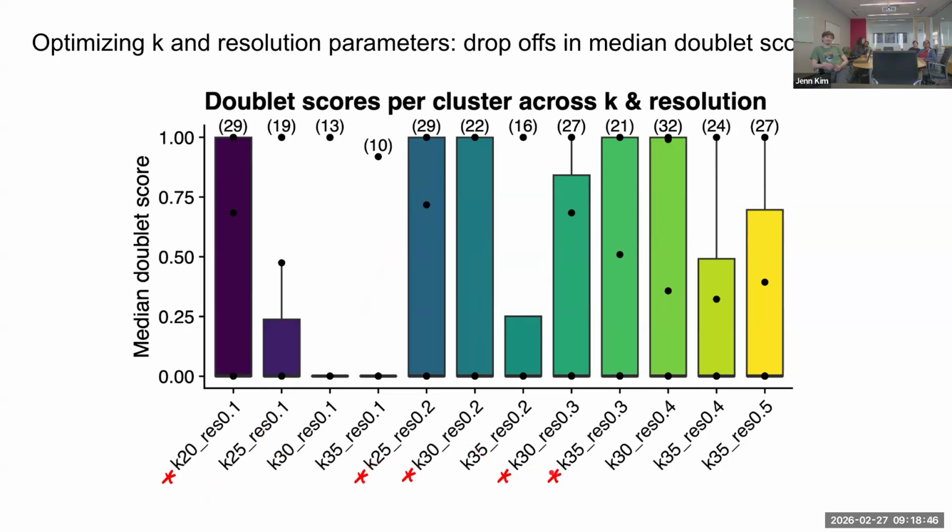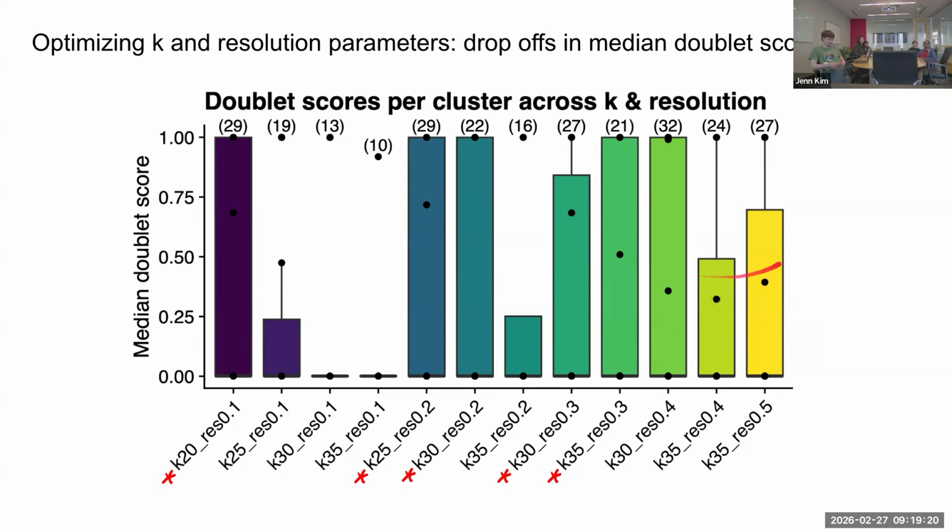which maximized the separation of median doublet scores to, for example, eliminate options like these ones on the right, where you have some more ambiguous clusters that have median doublet scores around 0.3. So if you were to try and draw a cutoff, you might be excluding a cluster that has more singlets than doublets.